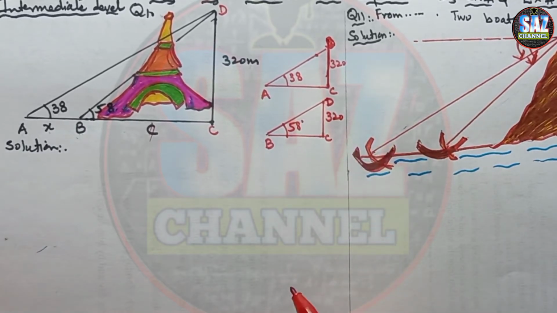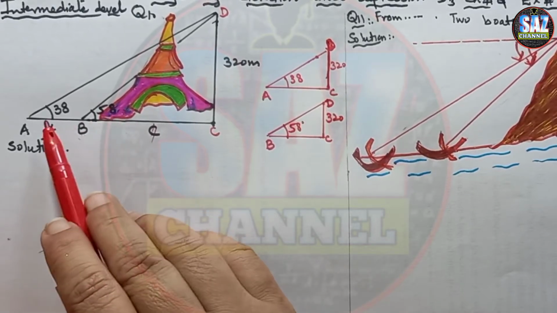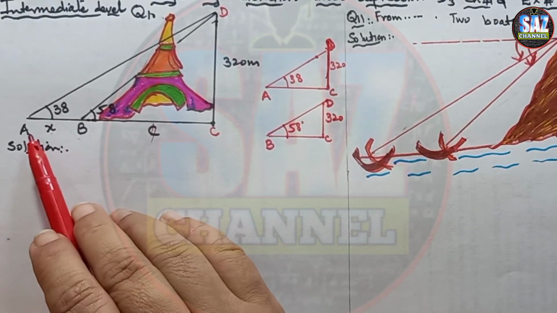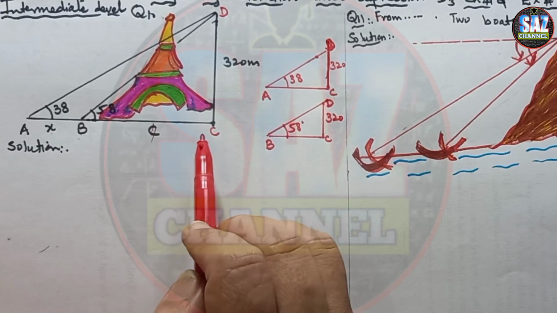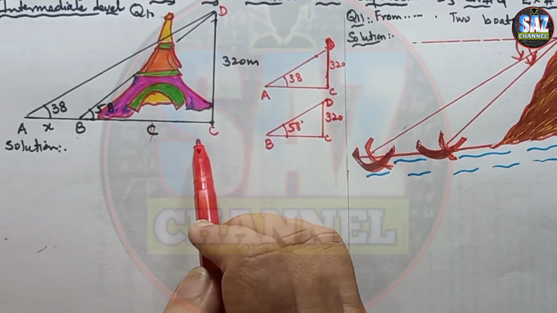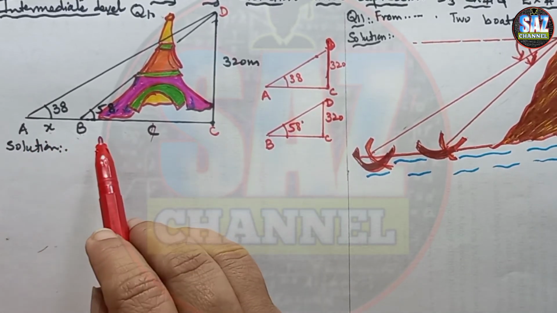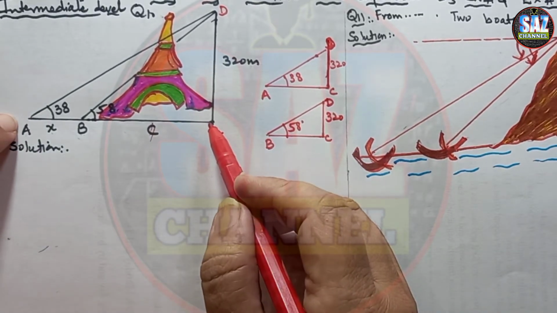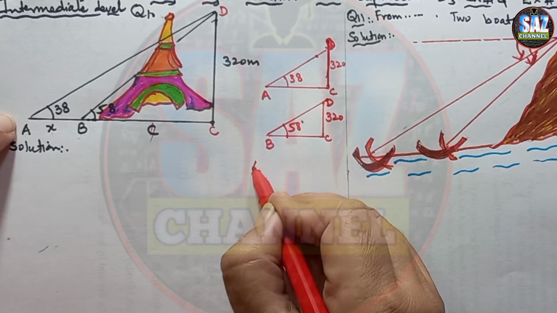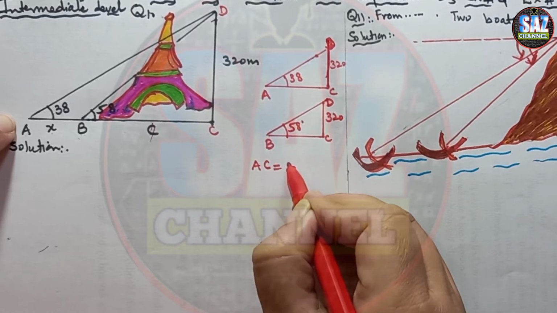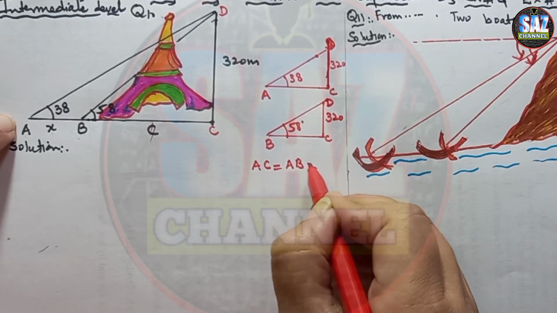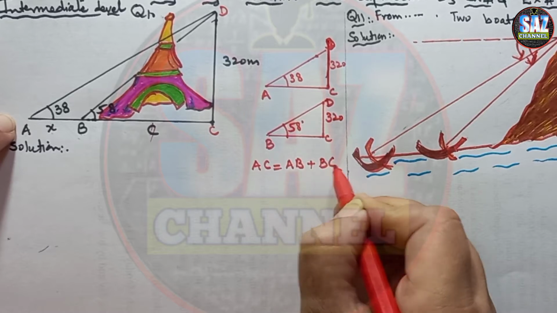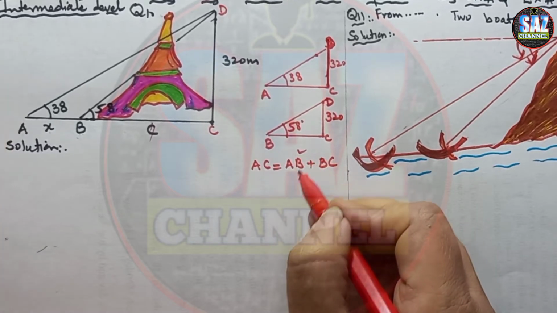Now look that this AB, A to B distance is the part of this AC line. In order to get this AB distance, if we look at this big diagram, we can see that AC equals AB plus BC, and now we have to find this AB length.